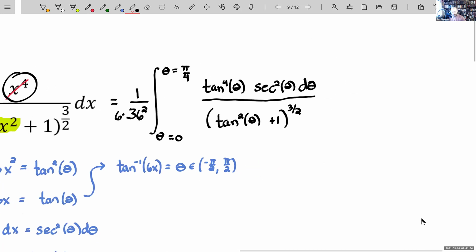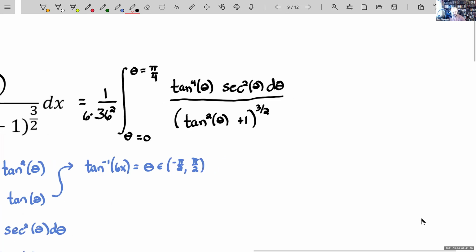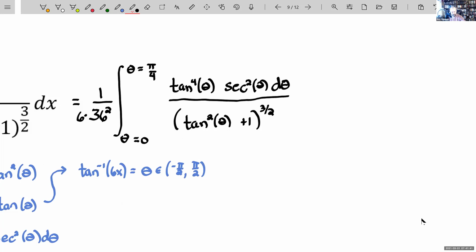Remember, tangent squared plus 1 is a Pythagorean identity by our choice. So that's going to be secant squared. So it's going to be 1 over 36, which is 6 squared. Squaring that, 6 to the fourth times 6 is 6 to the fifth. We're going from theta equals 0 to theta equals pi over 4.